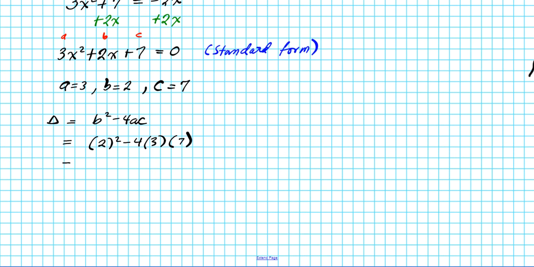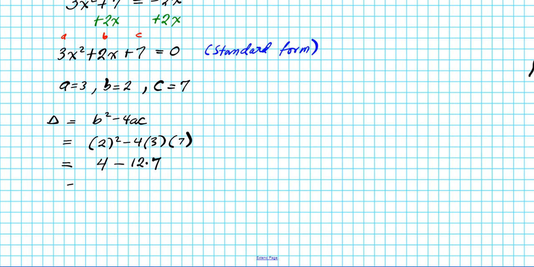Alright, so let's go ahead and simplify this using the order of operations. We square that, we get 4 minus 4 times 3 is 21. Real quick correction, 4 times 3 is not 21. 4 times 3 is 12. 12 times 7.